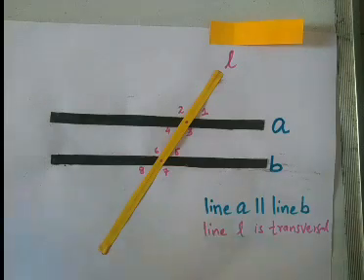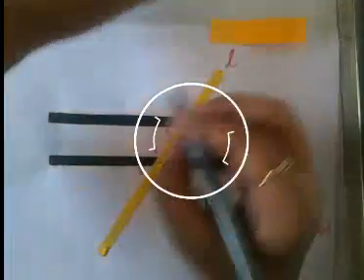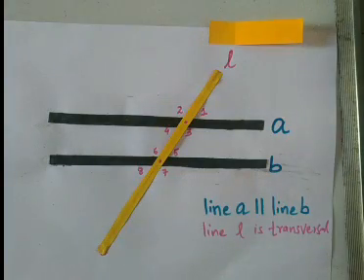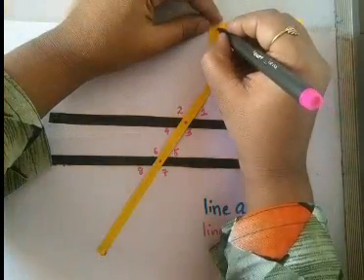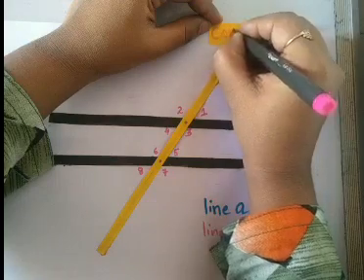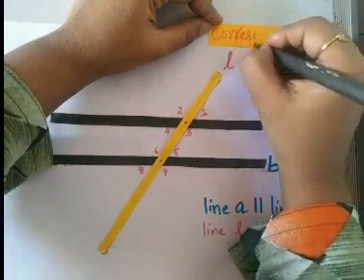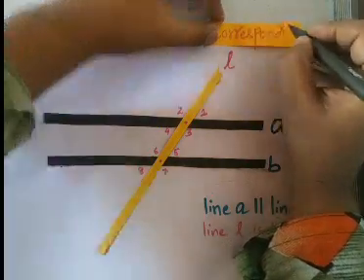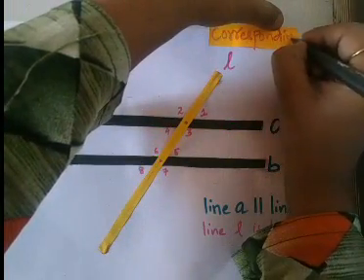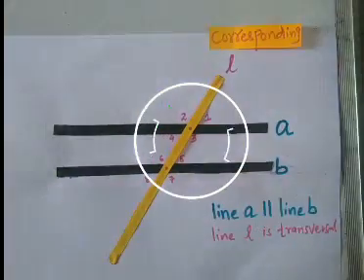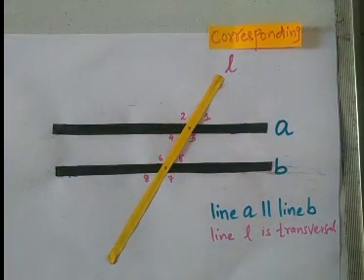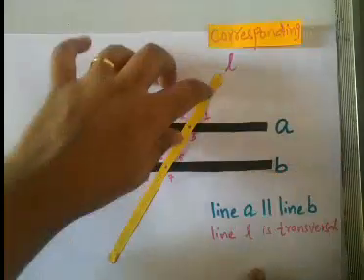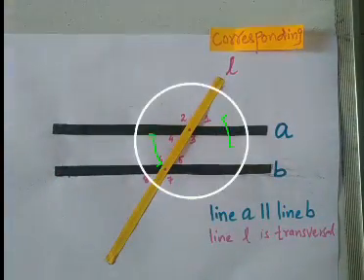We will today learn first about corresponding angles. Now let's see how the corresponding angles form and what is the property of corresponding angles. First I'll start with angle number 1.